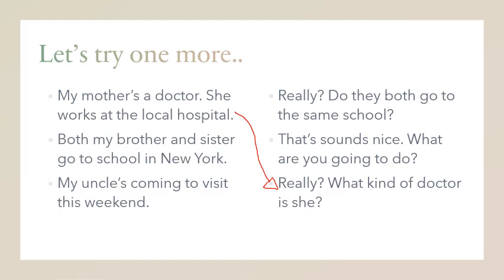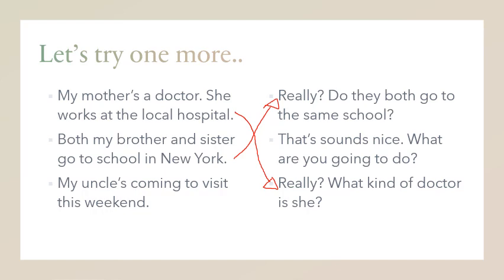Both my brother and sister go to school in New York. What do you think is the perfect match for this statement? So this one probably you would ask your partner like this. Really?